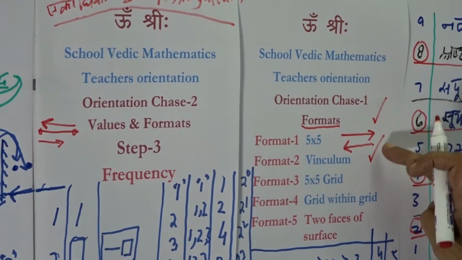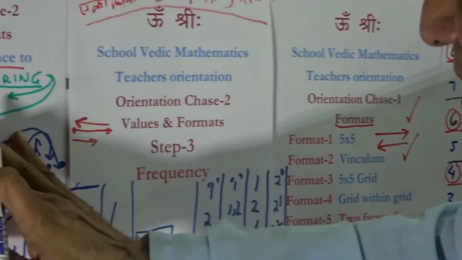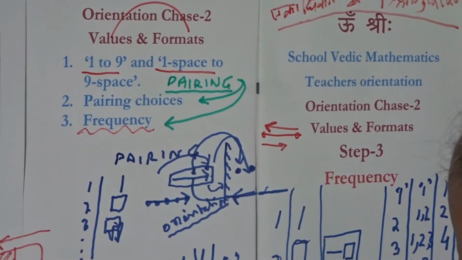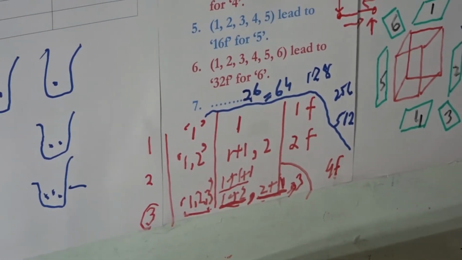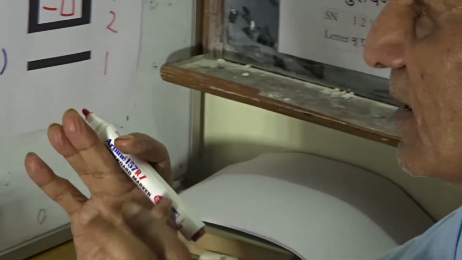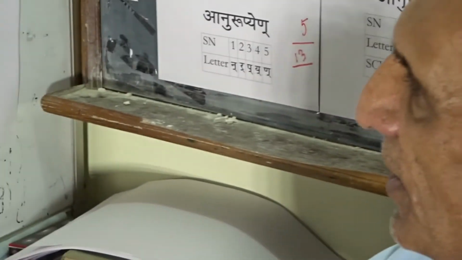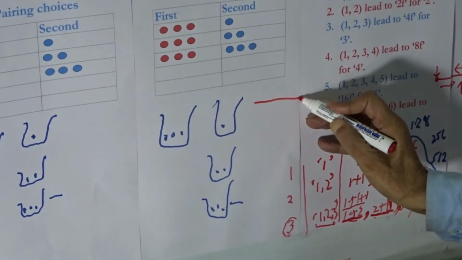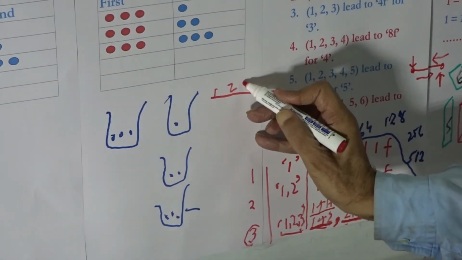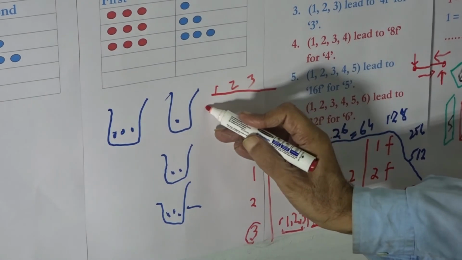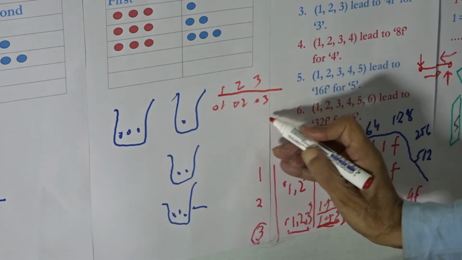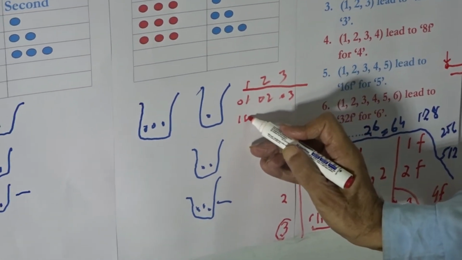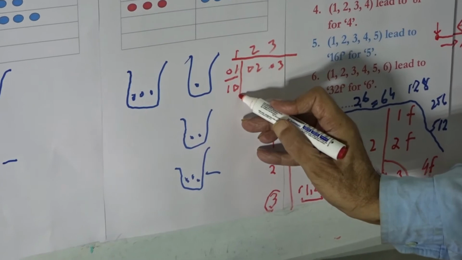So counting and reverse counting, and ultimately the frequency, lead us to the pair of orientations and the introduction of the concept of the mirror, the invisible mirror within a body. However, when we introduce the numerals 1, 2, 3 as single digits, and then 0, 1, 0, 2, 0, 3, we will see that when we reach 1, 0, there is going to be a change.